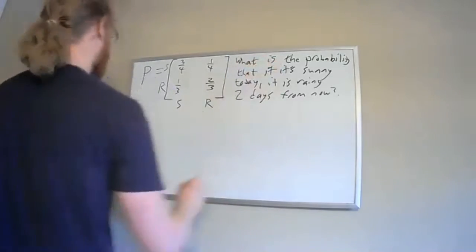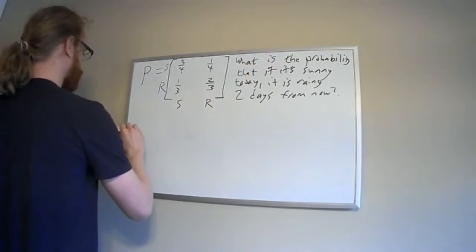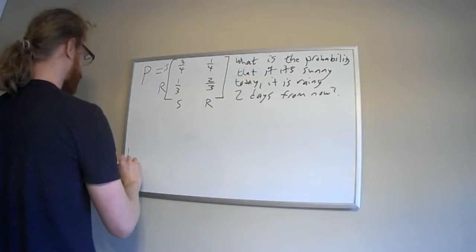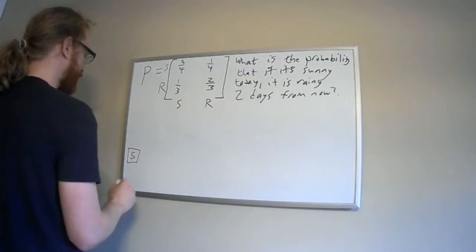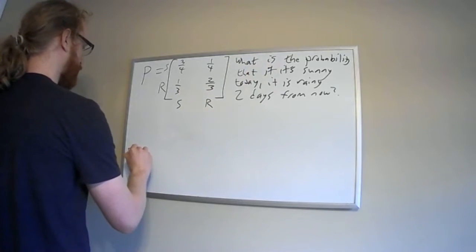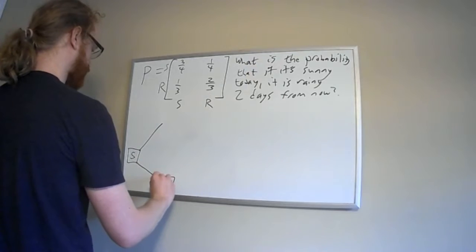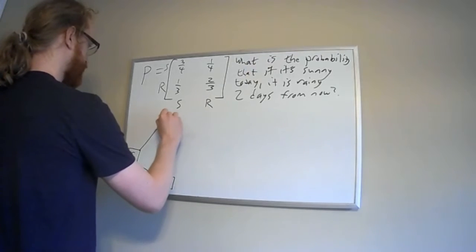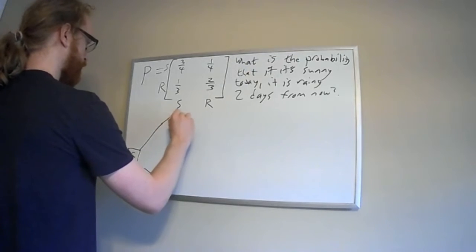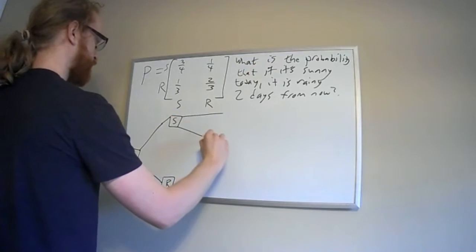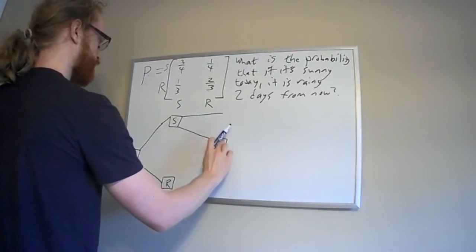What did we do? One way we approached this was, let's draw the tree diagram. And I'm going to do that again here because it's going to be helpful in illustrating something that we'll want to take note of. So let's draw in our tree diagram. And I need to go out 2 steps, 2 days from now. It should be rainy.